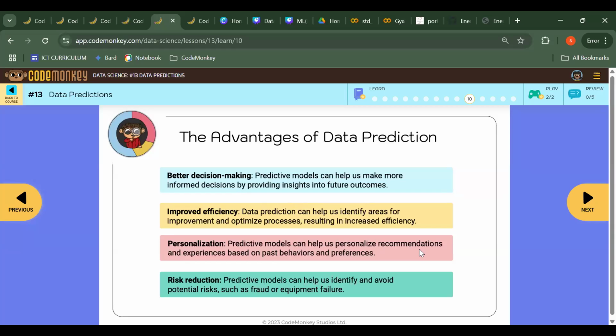Risk reduction: how predictive models can help us identify and avoid potential risks such as fraud and equipment failure.